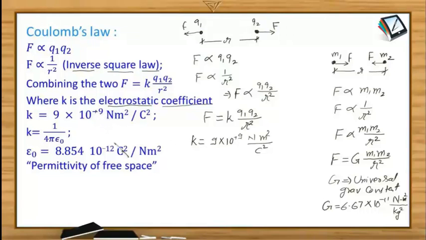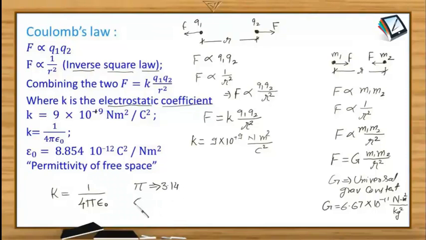So 9 into 10 raised to the power 9 Newton meter square per Coulomb square. And this K, the electrostatic coefficient, can also be written in this form: 1 divided by 4 pi epsilon naught. 4 is 4, as you know, and pi is the same 3.14.